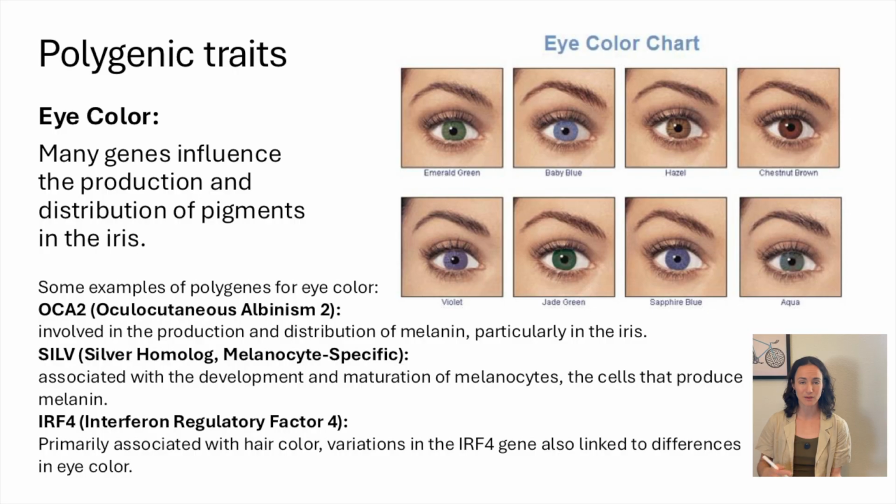So these are the cells that produce melanin. And then there's a bunch of other ones, like for an example, the IRF4. This is an interferon regulatory factor. So interferon is a signaling molecule, and this gene codes for a protein that influences that signaling molecule. And I guess that's all to say that it's going to influence how eye color develops and how certain pigments are distributed.